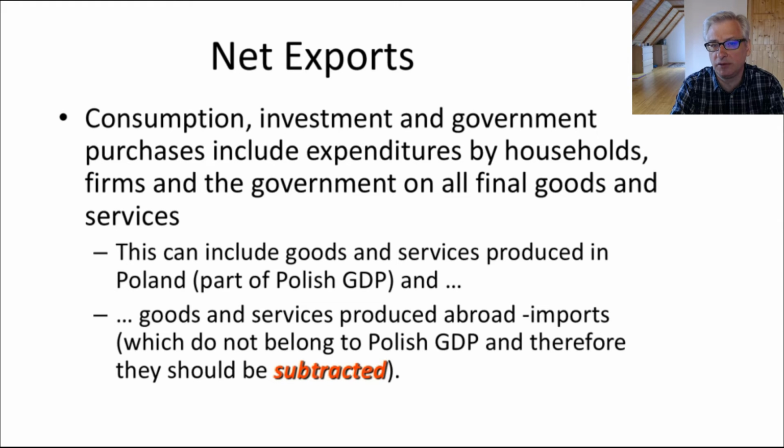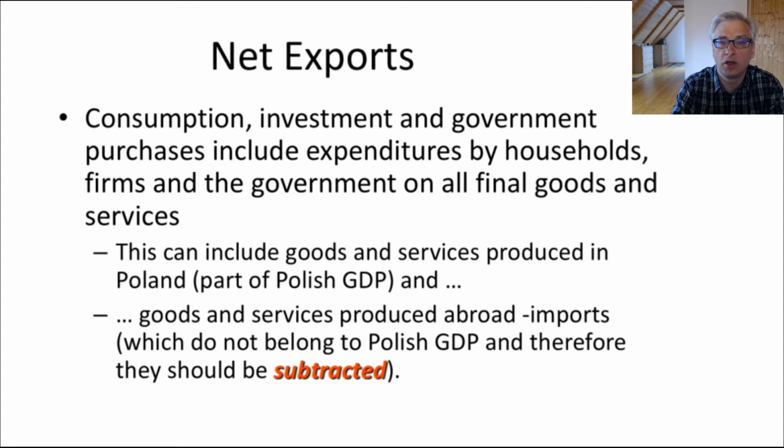That would be government purchase. All those three mobiles are probably produced in China. So in fact, they do not belong to Polish gross domestic product. Yet we included them into consumption or investment or government purchases. That would be wrong. We should not include things that are not domestically produced.